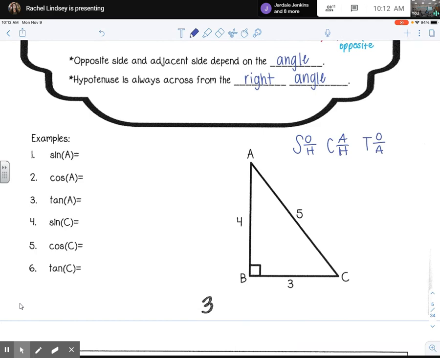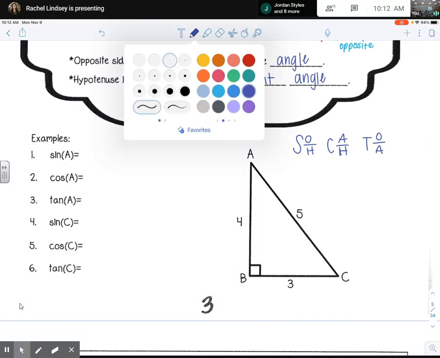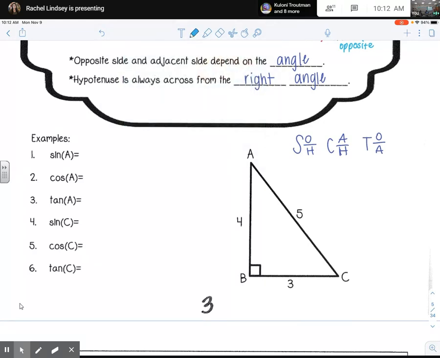So now, looking at this triangle in the example at the bottom of page 3, it wants us to find the sine of A, cosine of A, and tangent of A. Those first ones are only looking at the angle A, so I'm going to highlight the angle A with blue.